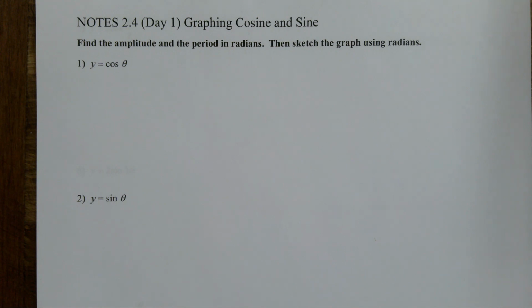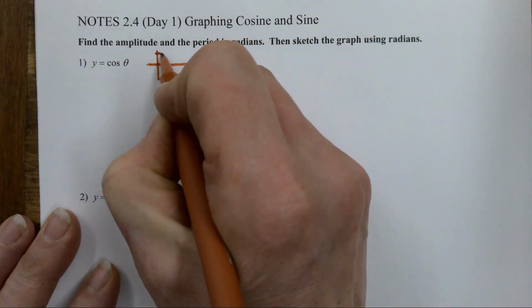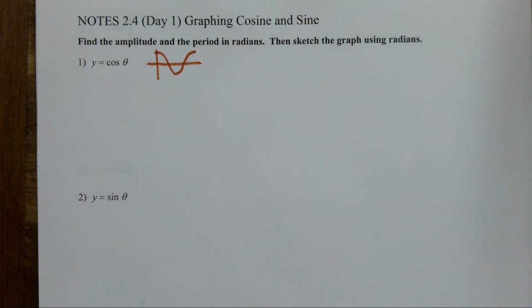But the basic cosine function always looks like this. That is cosine over 1 period. All right? And that is, again, the basic cosine function.